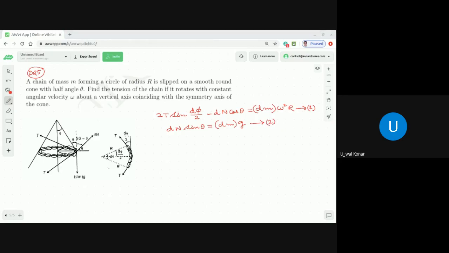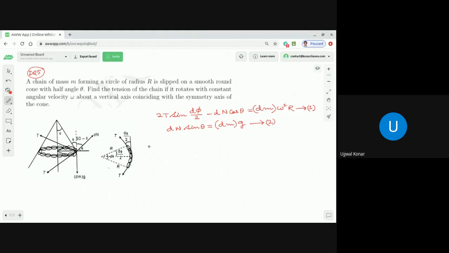So what we need to do is that let's work on these two, and what we can write is that 2t sine d phi by 2 minus, if we apply the value of dn, so we'll get dm into g into cos theta by sine theta.